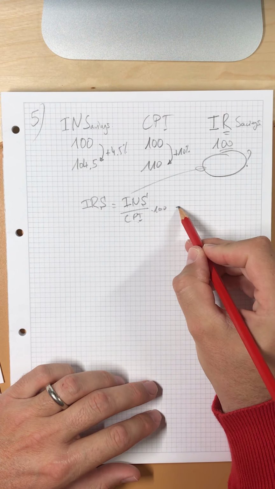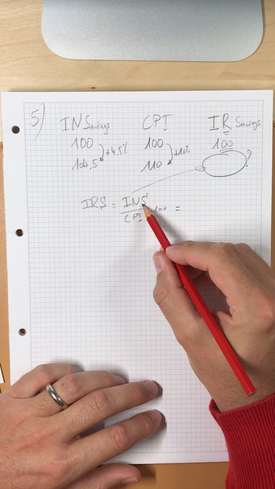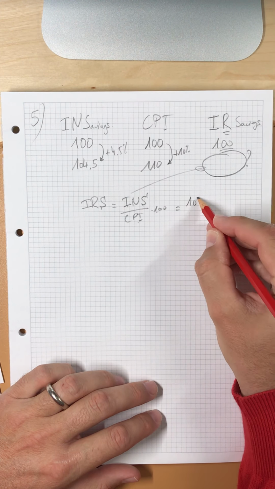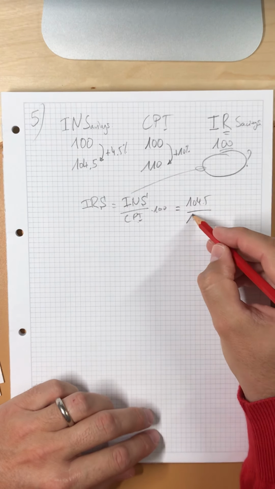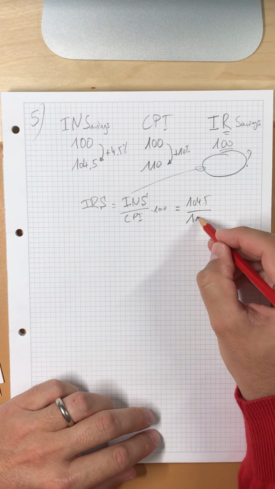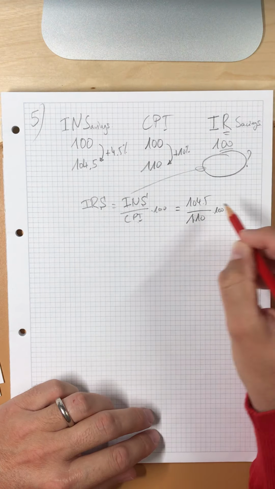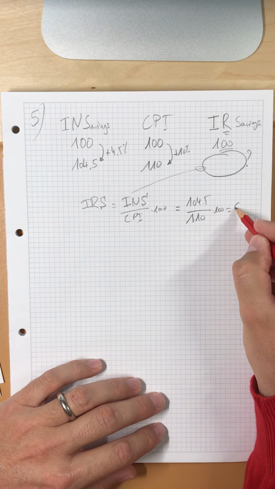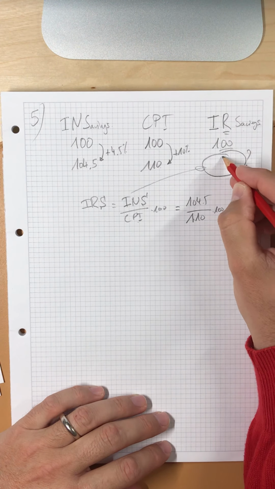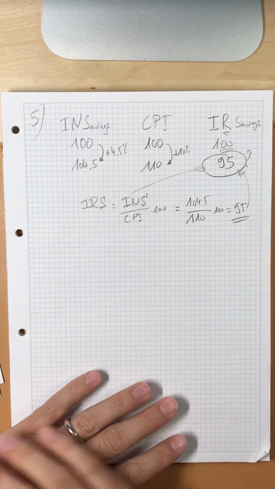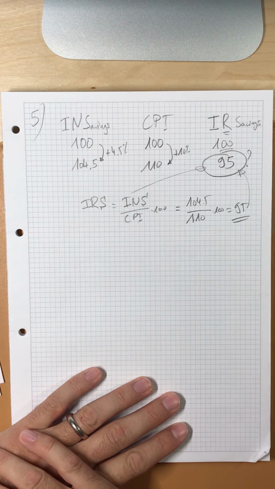So you replace with the index of nominal savings, 104.5 over 110 times 100, and you will find 95. So your index of real savings is equal to 95.